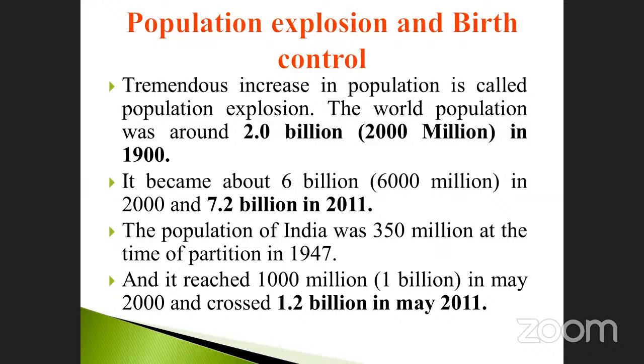Anyhow, the population of India was 350 million at the time of partition in 1947. See here, 350 million only. And it reached 1,000 million, 1 billion, in May 2000. And it crossed 1.2 billion in May 2011.